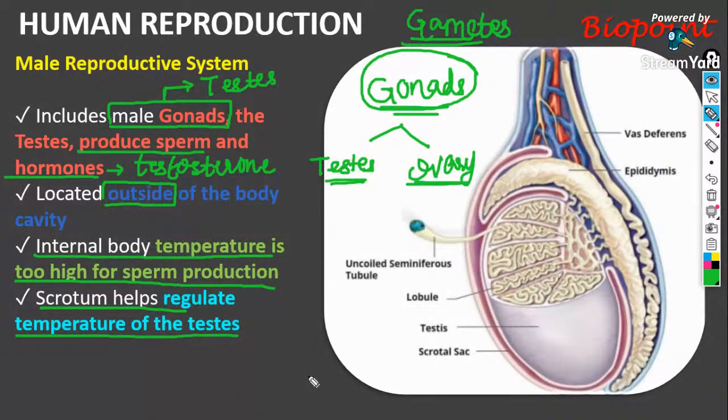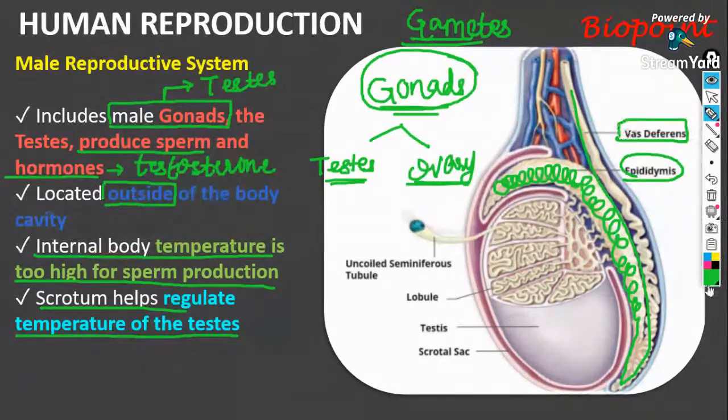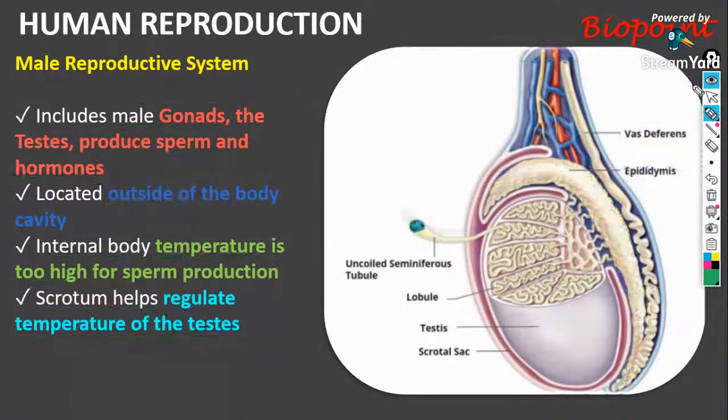Clear, everyone? Look, this coiled structure is called epididymis. And look, the epididymis continues through the testis, finally leading to the structure known as what? Vas deferens. Clear, everyone? Absolutely. Perfect.